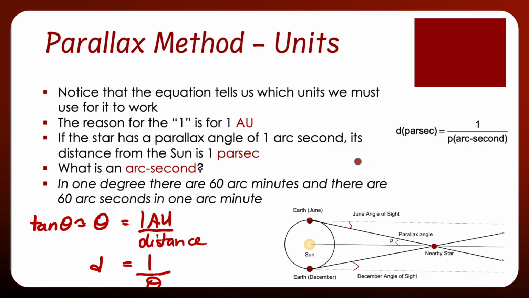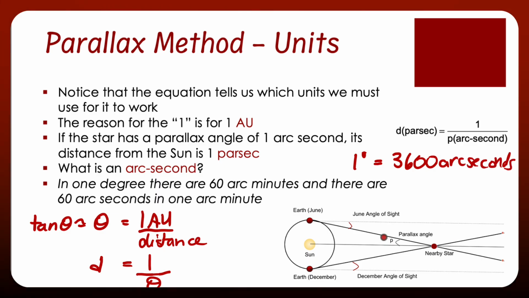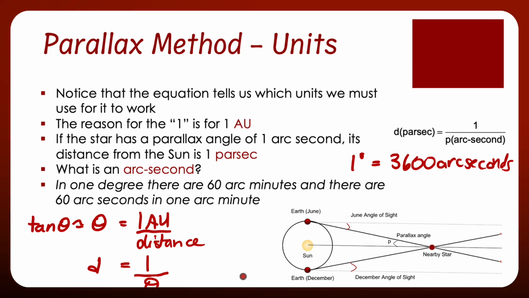So I could say 1 degree equals 3,600, 60 times 60, arc seconds. So if I have here just 1 arc second, and this distance is our 1 astronomical unit, then I will consider the distance from the star to the sun as 1 parsec. Now, 1 parsec is 3.26 light years. We can go back to our information in the data booklet and turn that into meters as well.